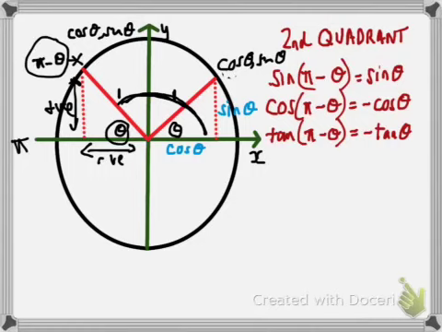Sine hasn't changed, it's still positive. Cosine, same distance but different sign, it's negative. Hence, sine of pi minus theta is still sine theta, that same value. Cosine of pi minus theta is negative cosine theta, because it's gone into the negatives that way.